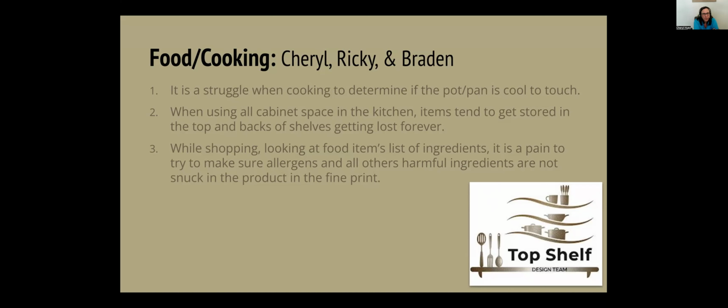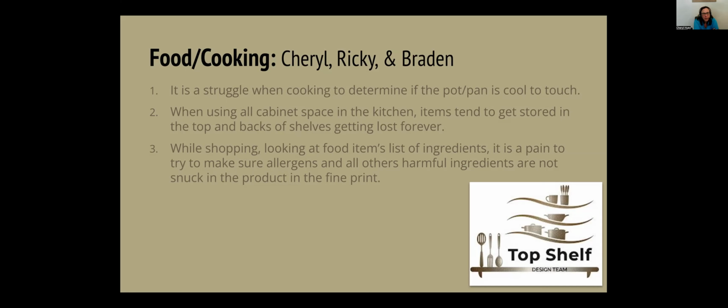The first one that we came up with is that it is a struggle when cooking to determine if a pot or a pan is cool to the touch. We've talked about some possible solutions already. I know we don't want to talk about that right now, but I think that's something that's doable, maybe even within this 2-week period of time.